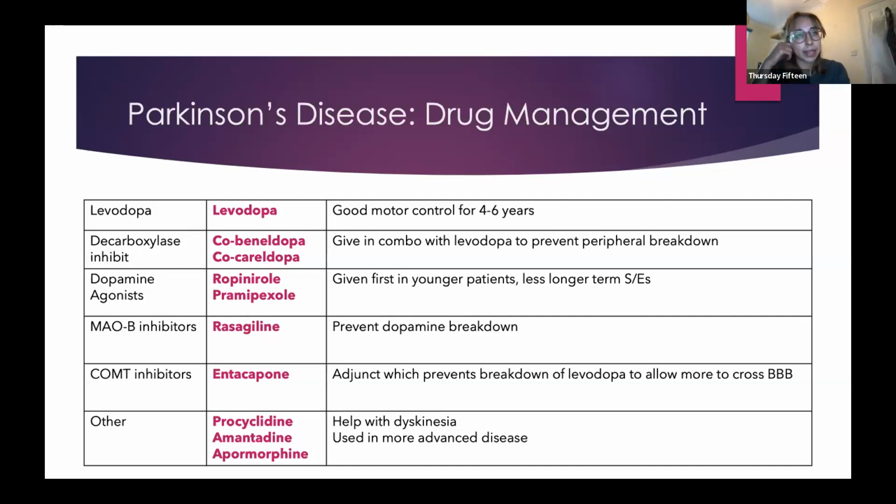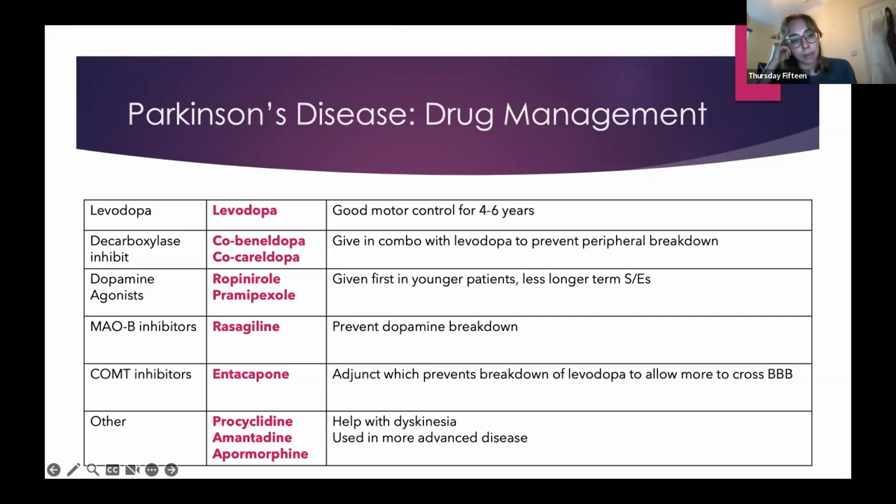So the initial therapy that's used for people is levodopa, and that provides good motor control for about 4 to 6 years. But unfortunately, it does get less effective over time as more and more dopaminergic neurons are lost. Just giving more dopamine doesn't always help. So other things that we can use are dopamine agonists to potentiate the effect of the dopamine that's there already.